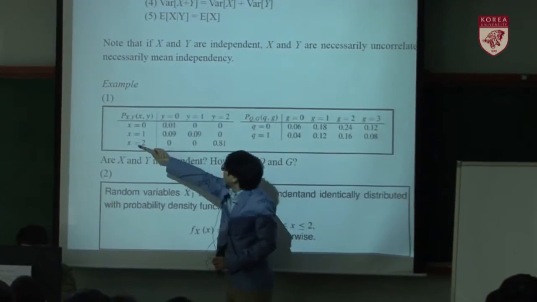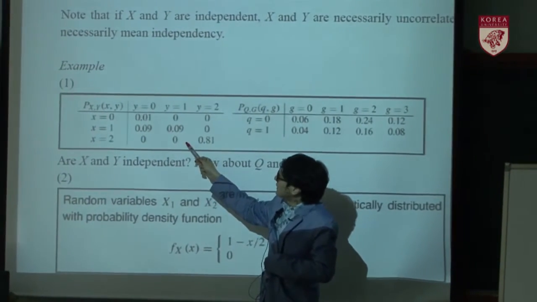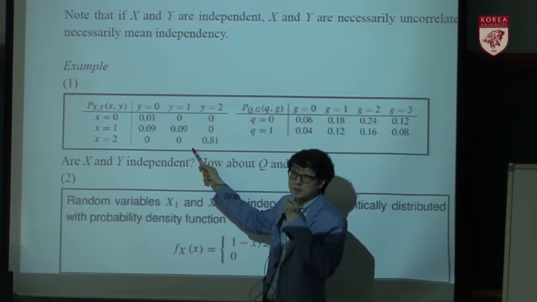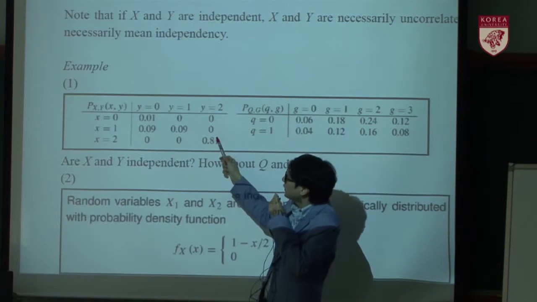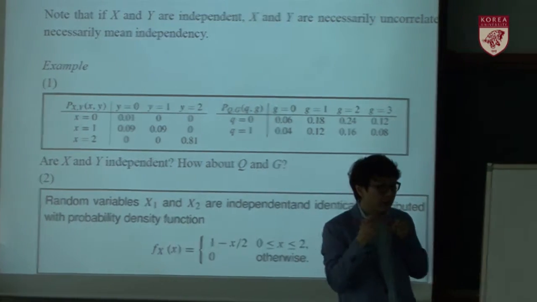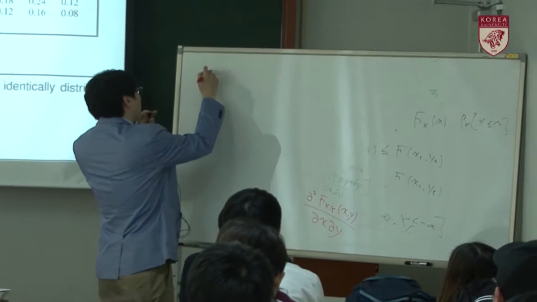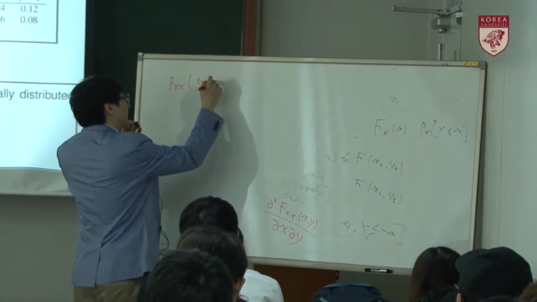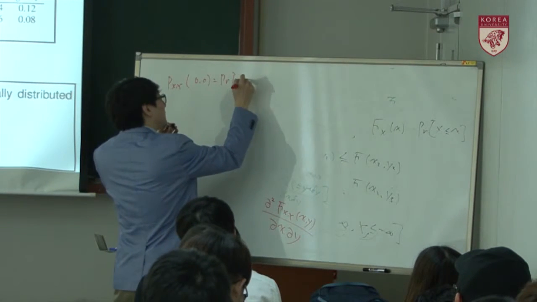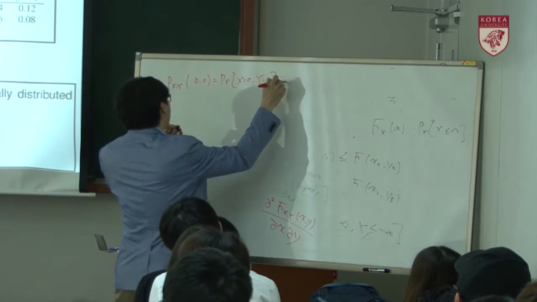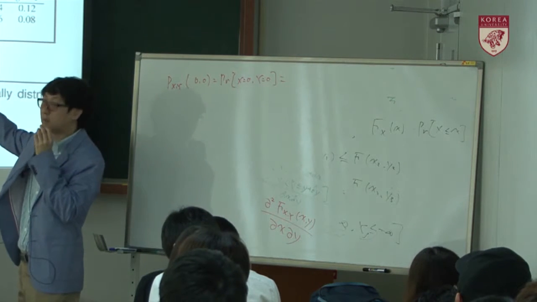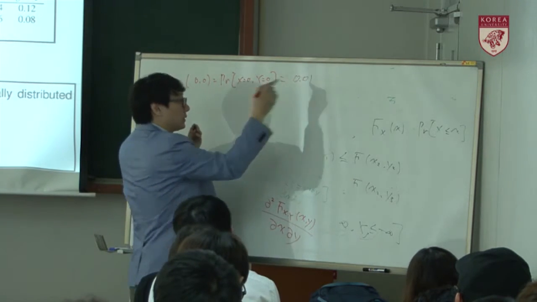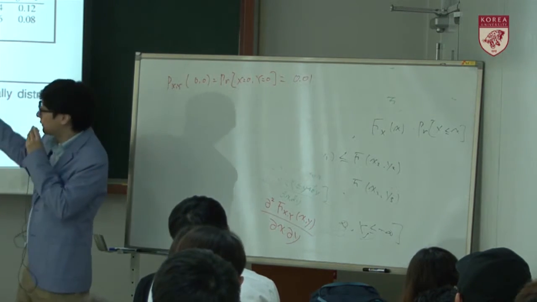Okay, so let's look at this example. It shows a typical case of the joint PMF. The joint PMF of X and Y at 0, 0 is the probability that X equals 0 and Y equals 0, and according to that table, it is 0.01. So we can interpret the table in this way.